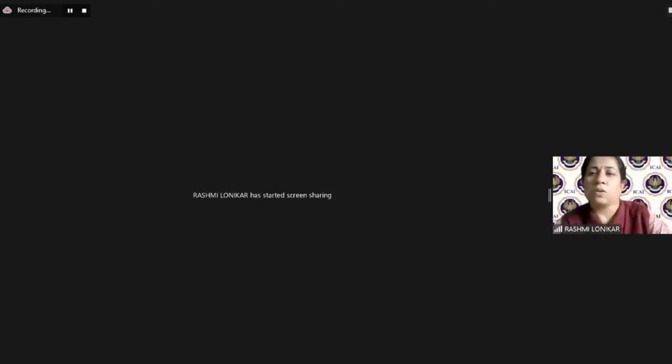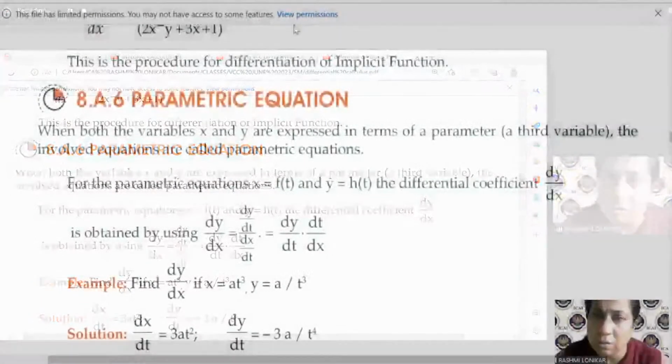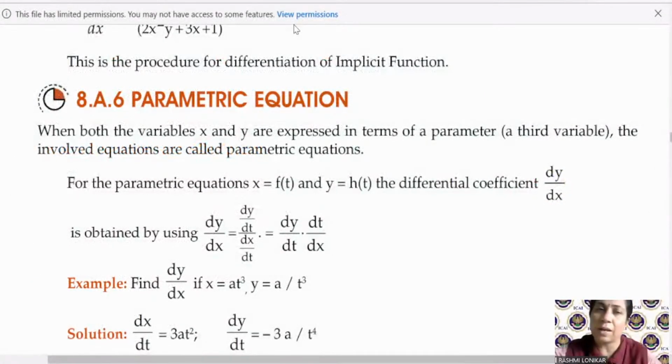I want to take parametric equations. Okay, you will have simple sums on parametric. See why? That is why I have taken the chain rule first, and now you will appreciate the parametric equation.